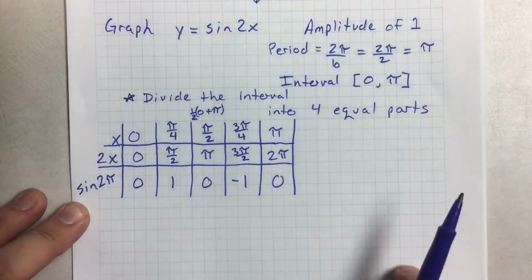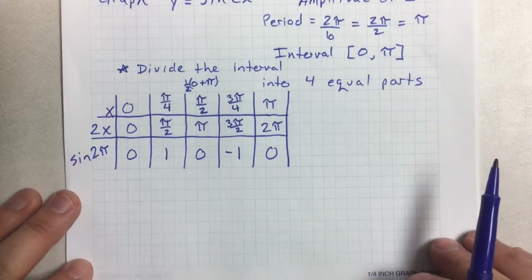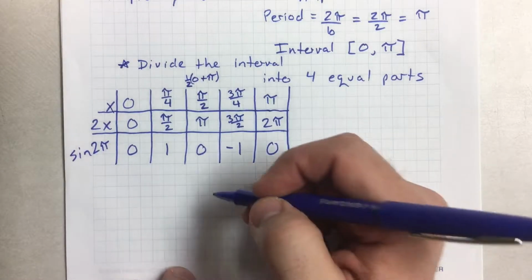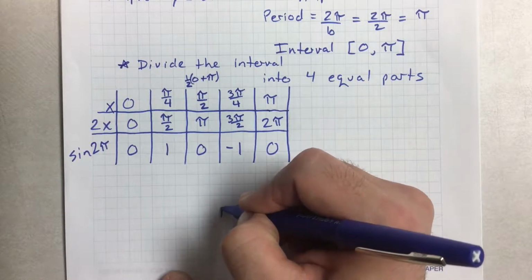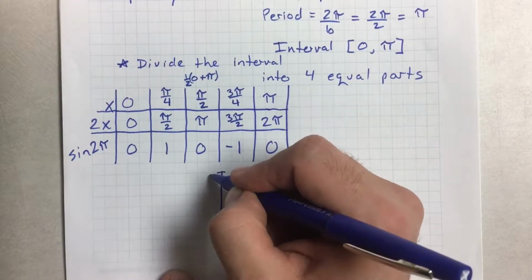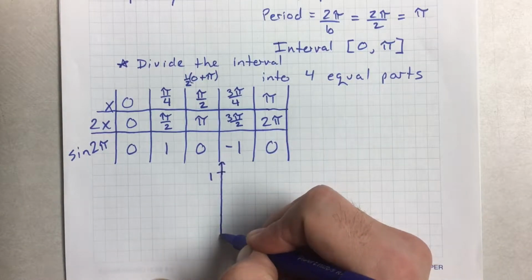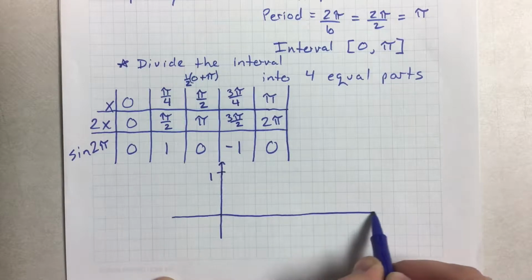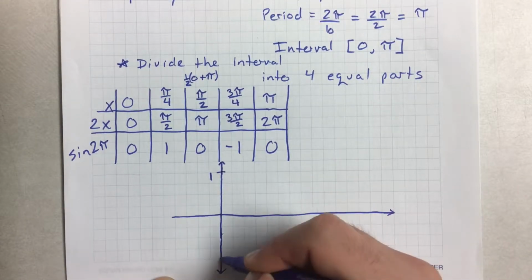So let's see what we can do here with our graph. With our graphs, something with scaling, I'm going to have four blocks to get to +1, and then the same on the other side, so right here would be -1.